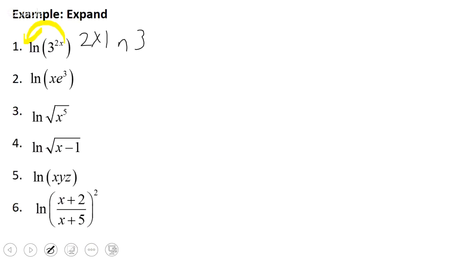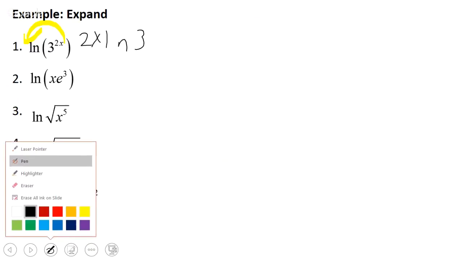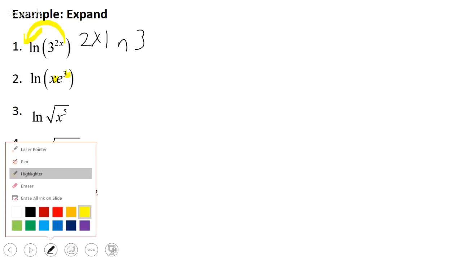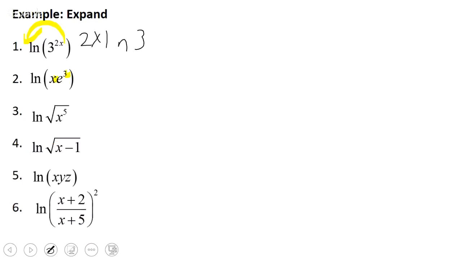So here I have multiplication, and I have a little power. So multiplication first. So I'm going to first expand it to ln of x plus ln e cubed.